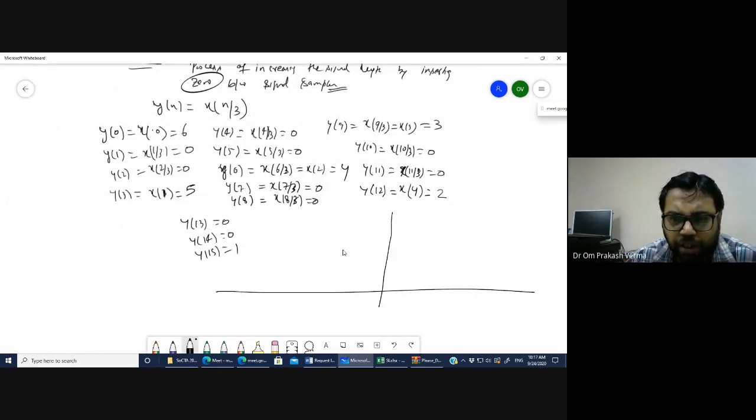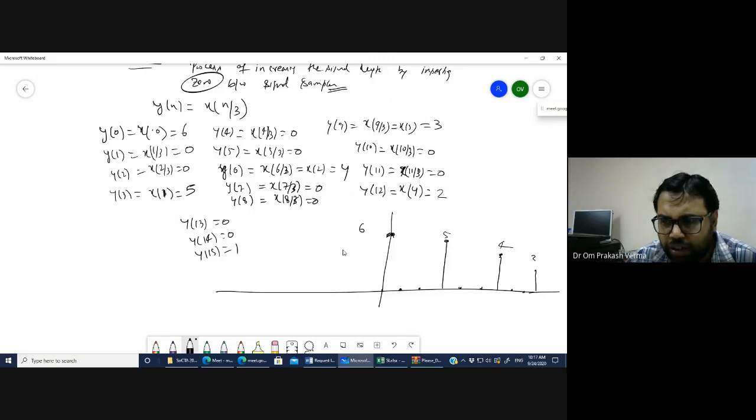See, this is the 0. At instant x equal to 0, the value is 6. What is the value? y1 is 0, y2 is 0. Again, 5 by 3 is 5. This is a 6. This is the 5, then 0, then 0, then 4, then 0, then 0, then 3.